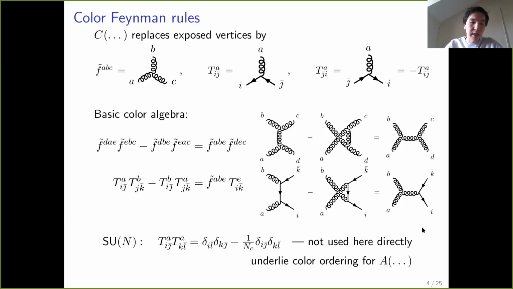And I will not actually be using the SU(N) completeness relation. It underlies the color ordering. This is how we define the color ordered amplitudes in the first place, but the color ordered amplitudes are kinematic objects. So once we have them, we can dress them with color factors in any other gauge group. So I will only be using the basic color algebra in this talk.